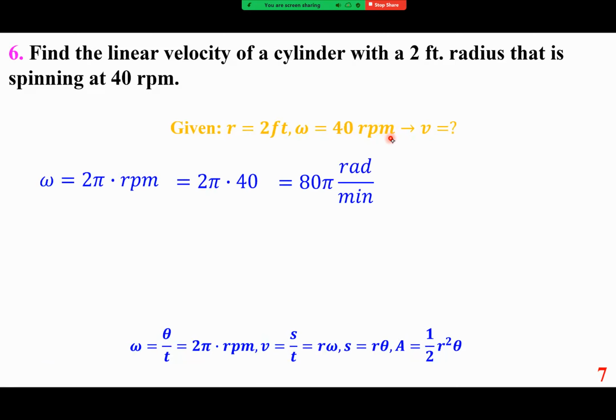V equals R omega. So 2 times 80 pi makes it precisely 160 pi. And this is an approximation, feet per minute. Again, you want to pay attention to the proper units, feet per minute.